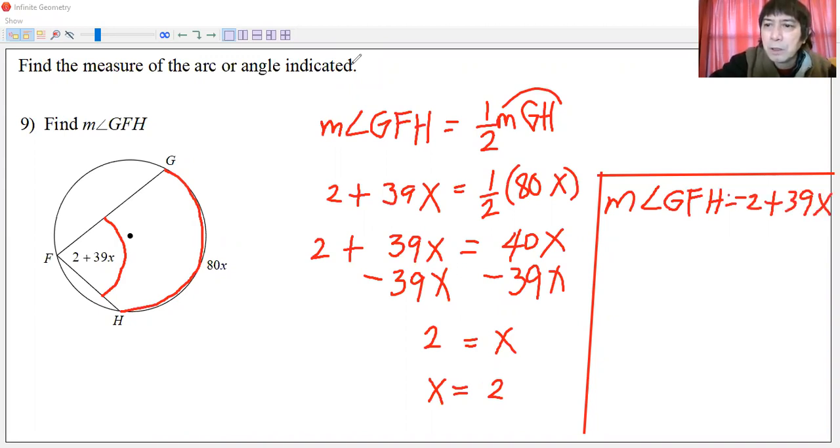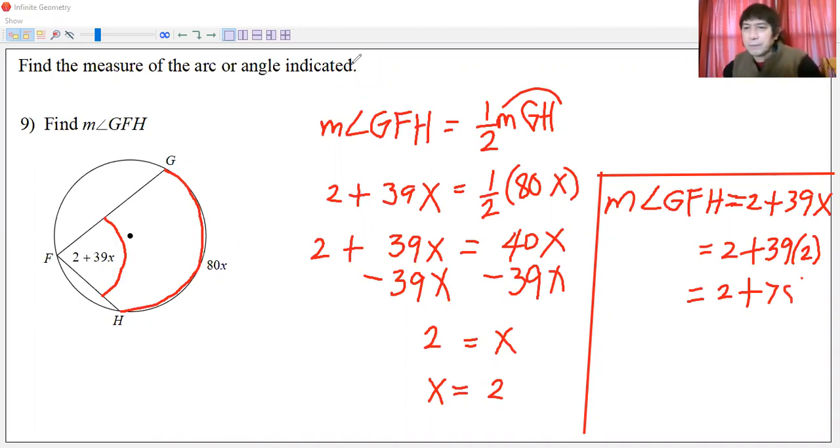This will now be equal to 2 plus 39 times 2. This is now equal to 2 plus 78. And so 78 plus 2 is just 80. 80 degrees is the answer. This is the measure of GFH.